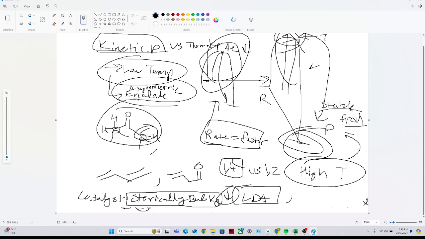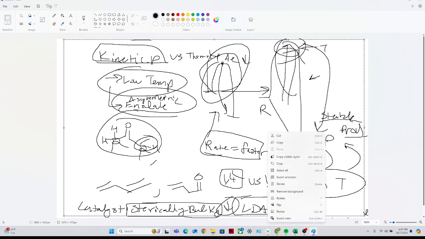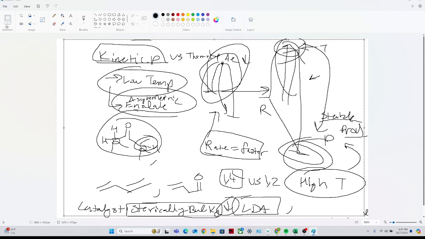A little word on bases and acids. Be super careful about what bases and acids you propose in a class or when you're doing these types of chemistries. Like I said, you want your bases and your acids to be non-nucleophilic. You could say, oh, I want to use a hydroxide base, but hydroxide is also a good nucleophile.